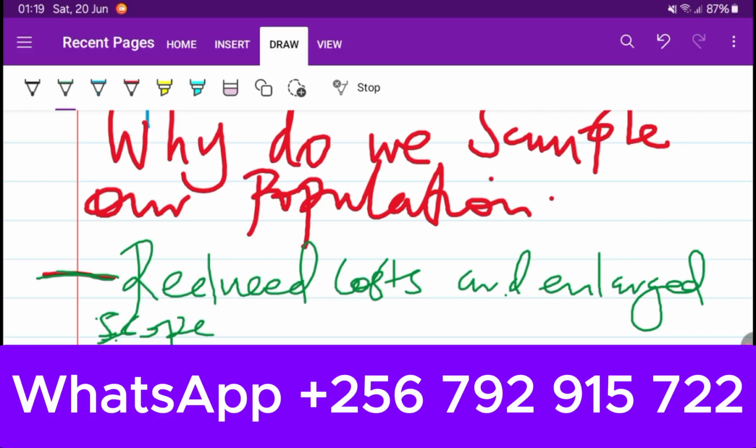And in addition, the information can be obtained at a very little cost compared to conducting a separate survey for all the people.